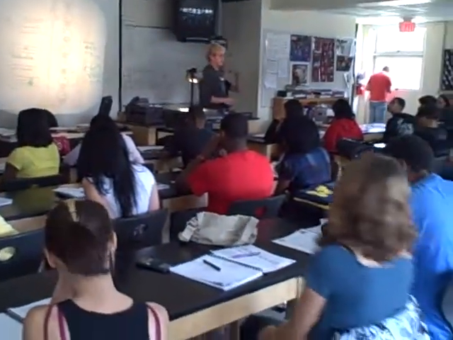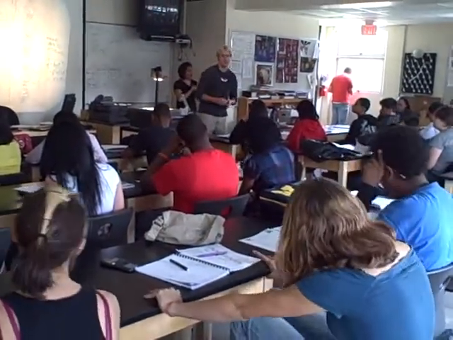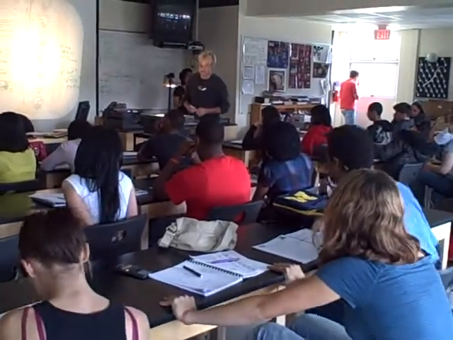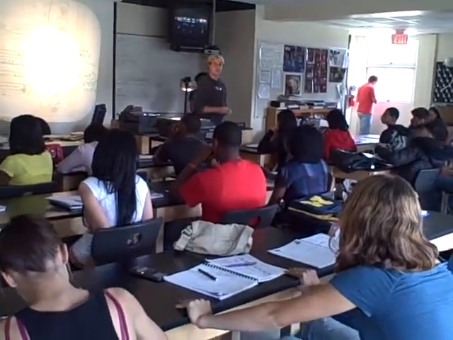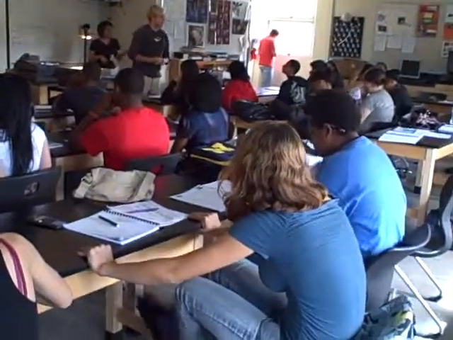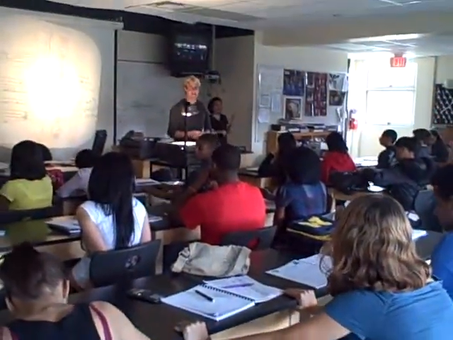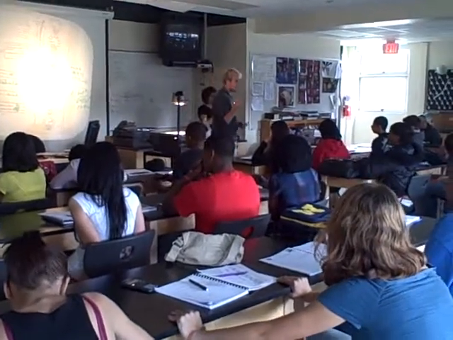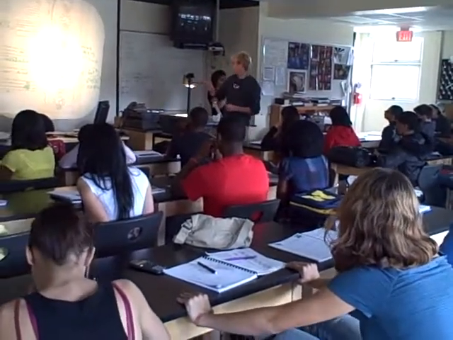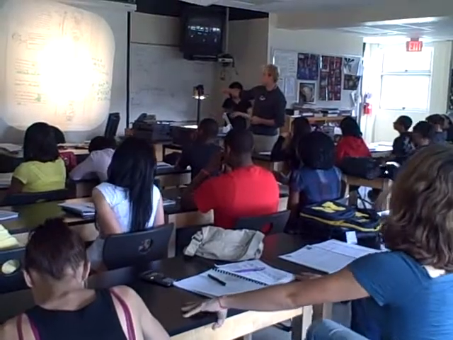Total distance fallen. How would I do that? How did I get 245 for that? I've got my time, and I've got my acceleration still. What equation did I use to find distance? D equals 1/2 AT squared, right?